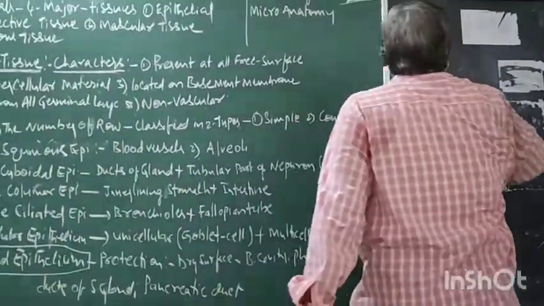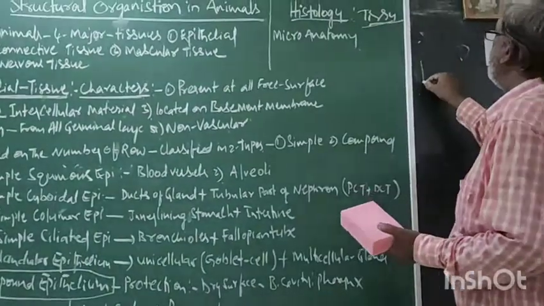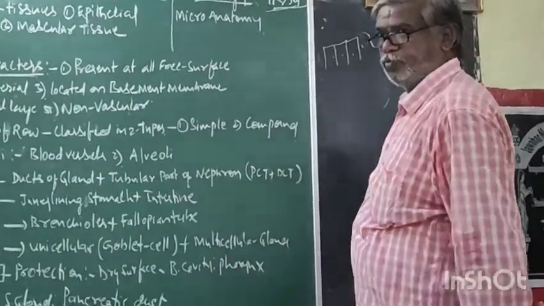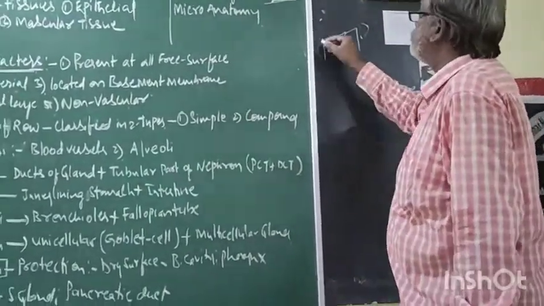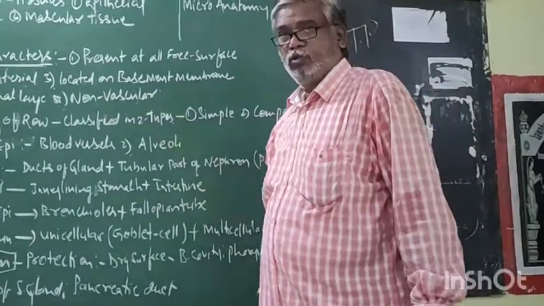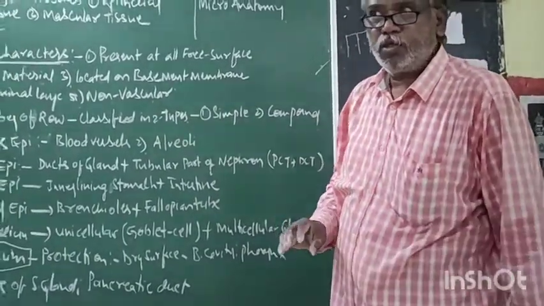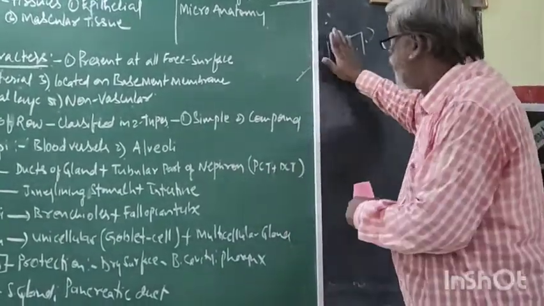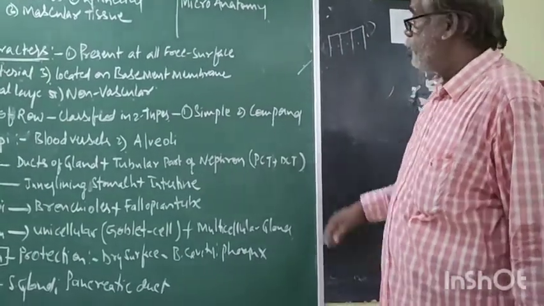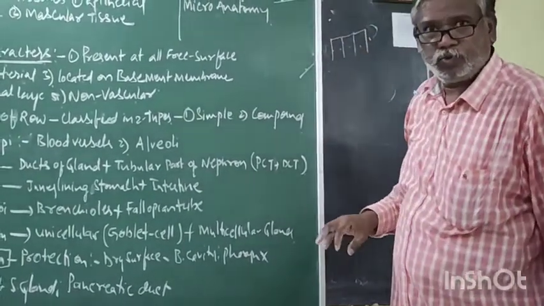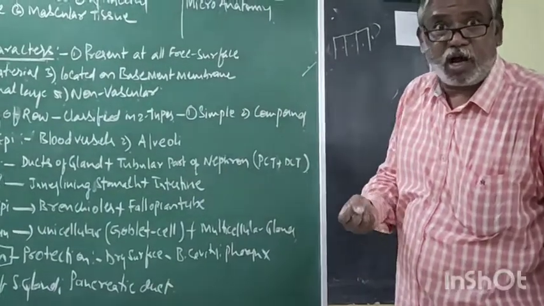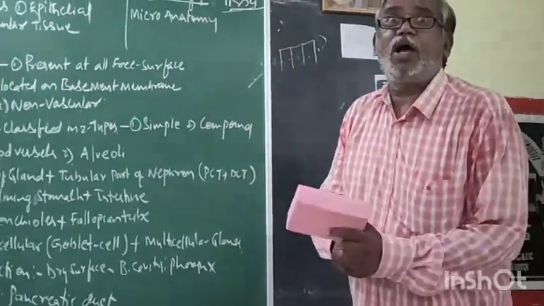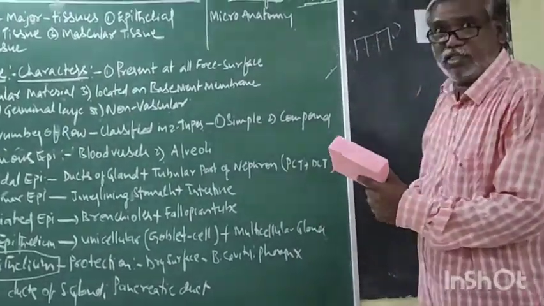Now, epithelium is non-vascular. That means blood supply is not there. Blood cannot reach these cells, so the cells cannot receive food and oxygen. How can they survive?